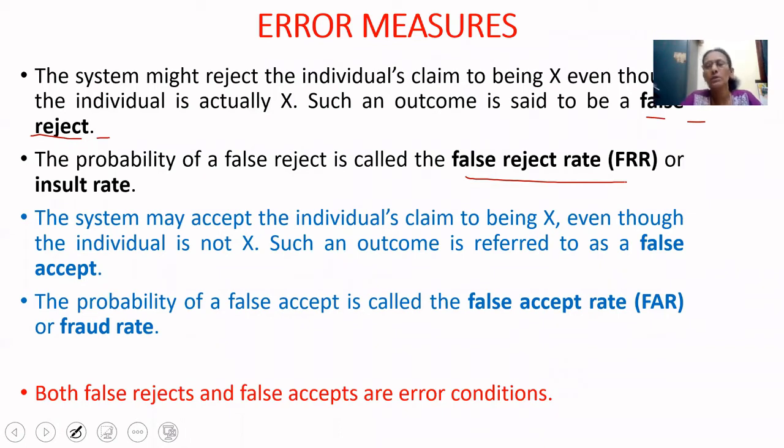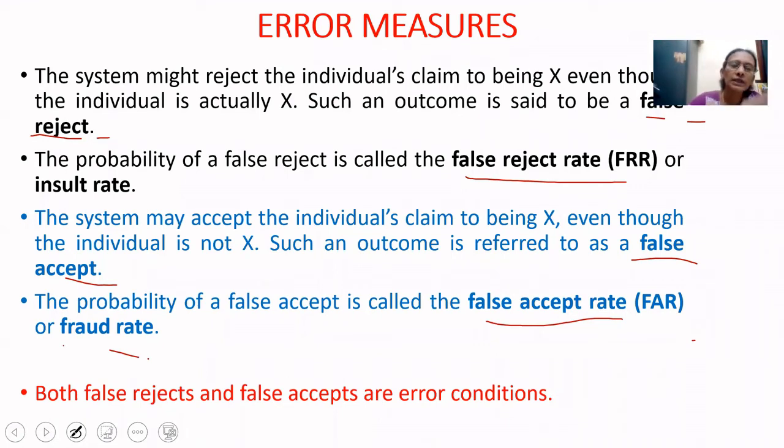Conversely, the other can also happen. A person who is not X may claim to be X, and the system finds that the distance is within the threshold and accepts this other person as X. That is called a false accept. The probability of a false accept is called the false accept rate, FAR, or the fraud rate.